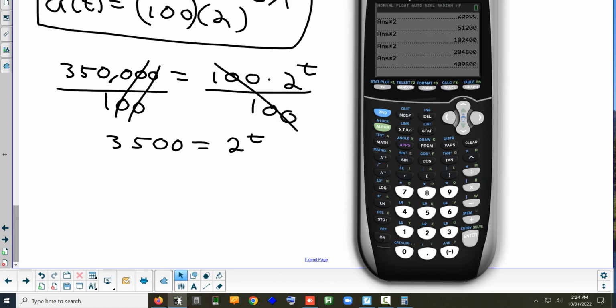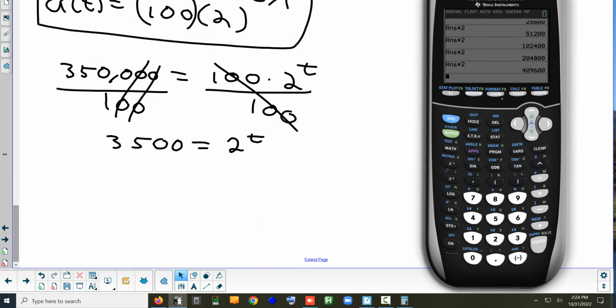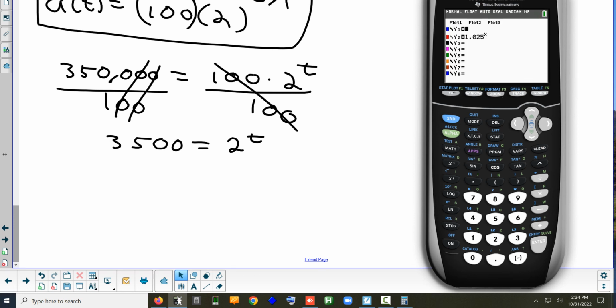I don't remember exactly, but I estimated it. It was maybe like 11 or 12, maybe 13 hours. I'm not sure. It's however many times I hit times 2. All right, so 3,500 and 2 to the x. Okay, can I have negative bacteria?